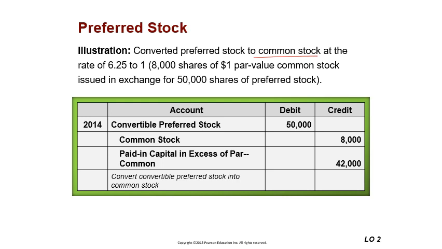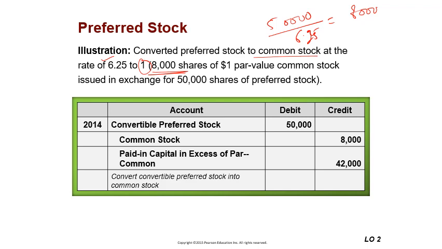It means for every 6.25 preferred stock you will be given one common stock, right? So you are given 8,000 new common stock shares in exchange for 50,000 shares. You divide to find where this 8,000 came from, and the answer would be 8,000, right?